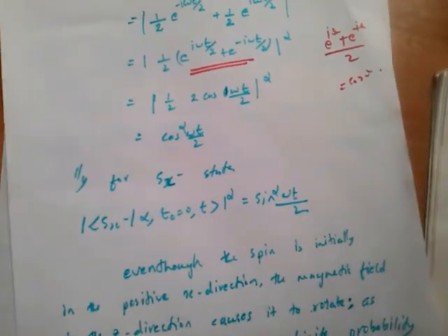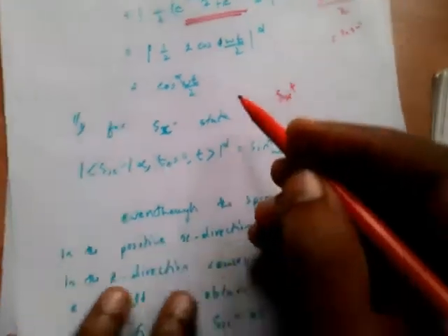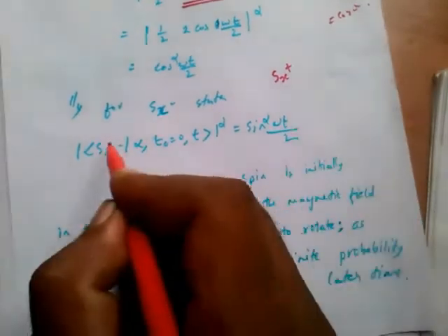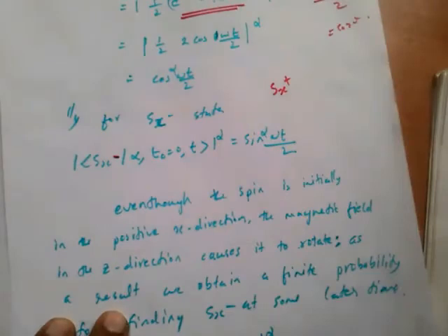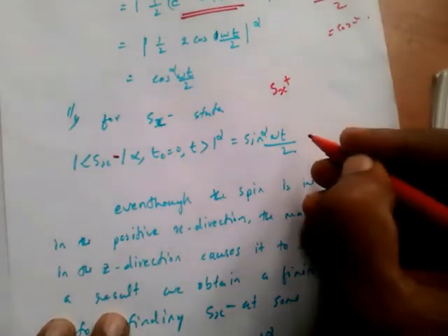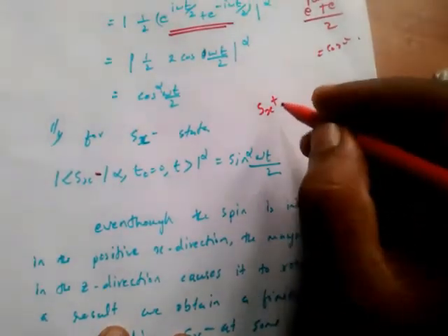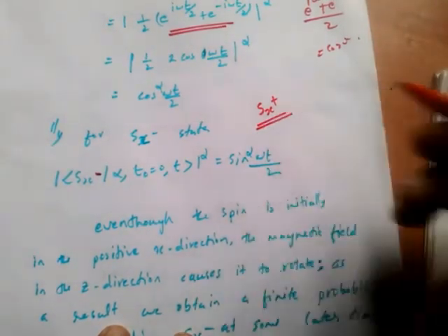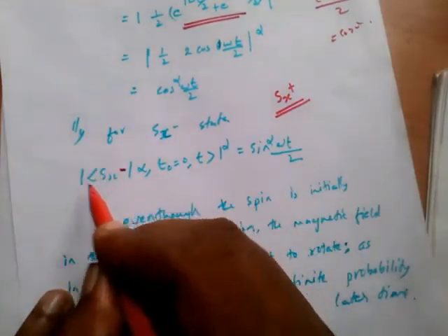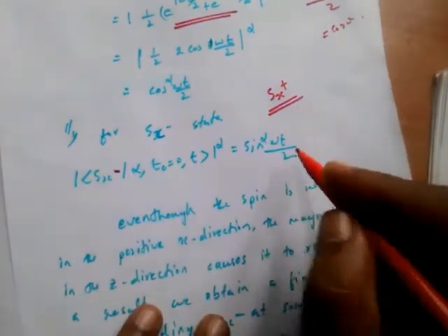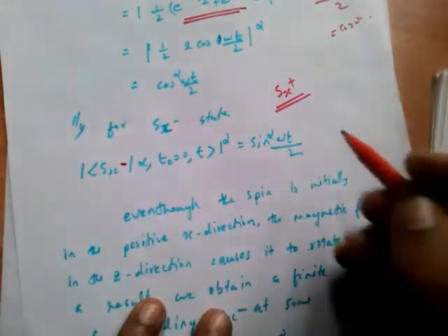That means the initial state was Sx plus, but at a later time there is a probability of finding the Sx minus state too. Even though initially we took Sx plus, at later time t we get a probability of finding Sx minus.